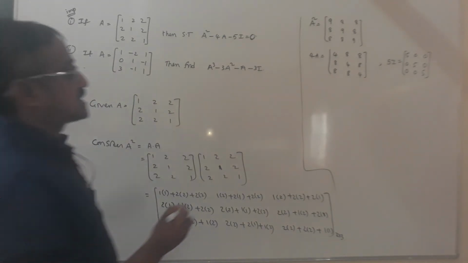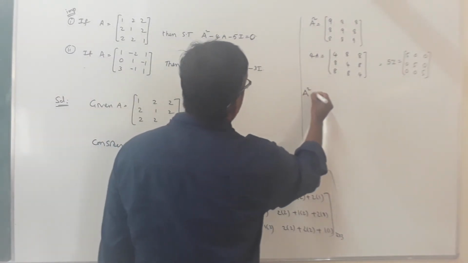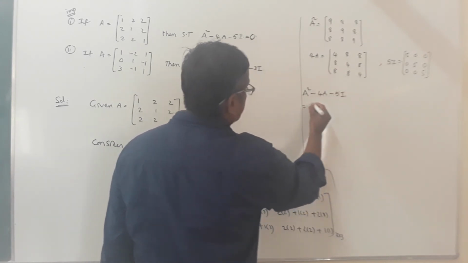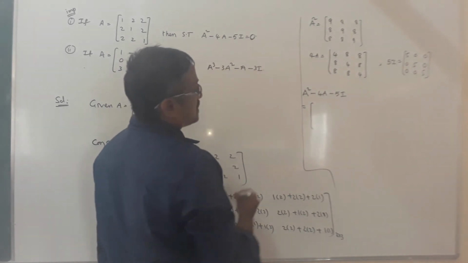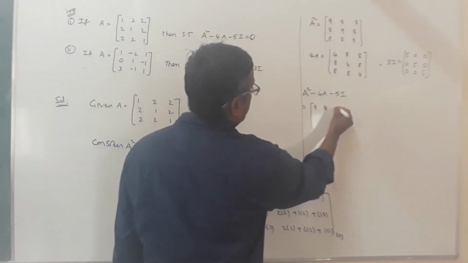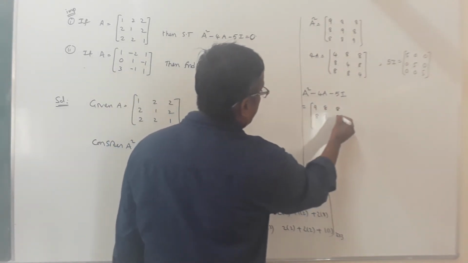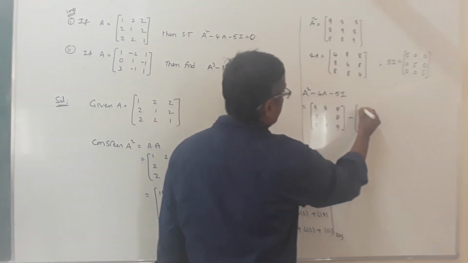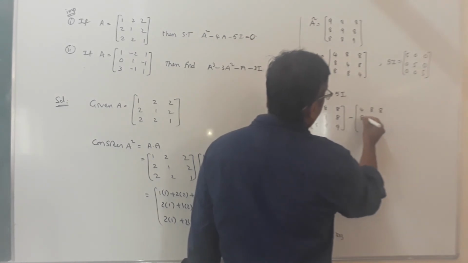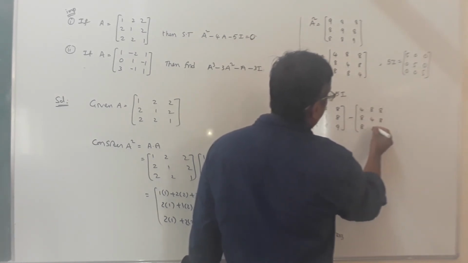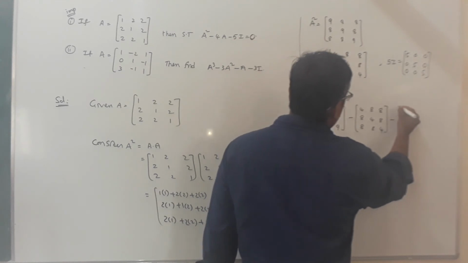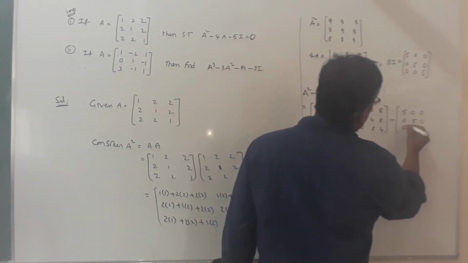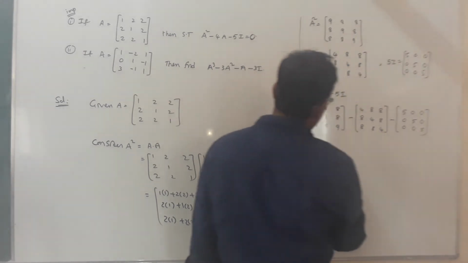Now let us consider the equation A square minus 4A minus 5I. What is A square? 9 8 8, 8 9 8, 8 8 9, minus 4A is 4 8 8, 8 4 8, 8 8 4, minus 5I, 5 0 0, 0 5 0, 0 0 5.